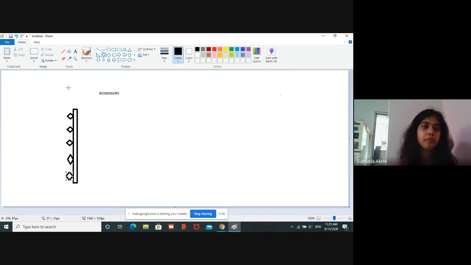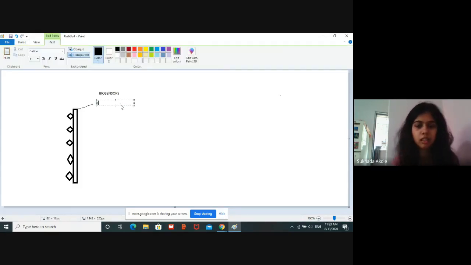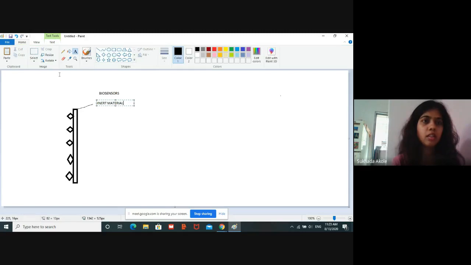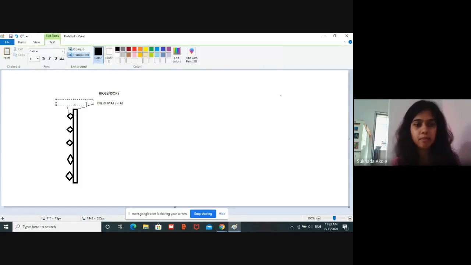So what do I do is, this is my inert material. This here is my enzyme, immobilized enzyme.